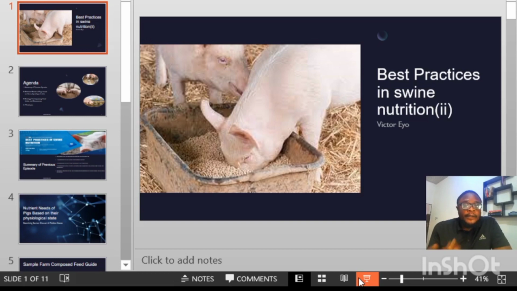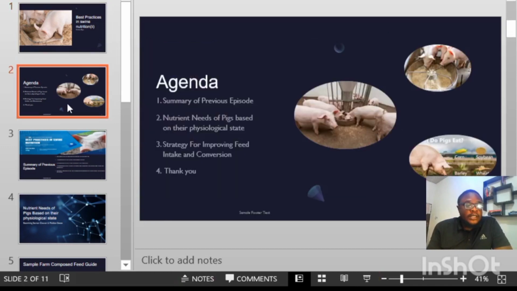Okay, so we're going to continue our discussion by looking at the following. We'll quickly talk about what we did in the last part, a brief summary. We'll now go into the nutrient needs of pigs based on their physiological state, and I'll just be taking three states: the grower, the starter, and the finisher state.